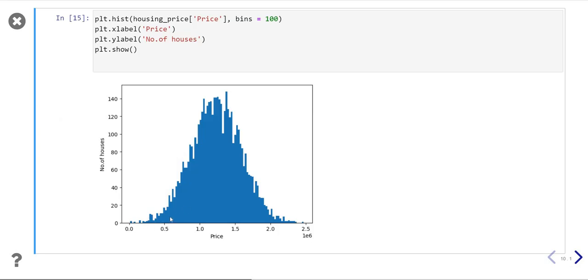But that means you're breaking down the range much smaller. So when you break it down even smaller, you can see that there are around 140 houses around here. For each of these bars, it has a particular number, right?